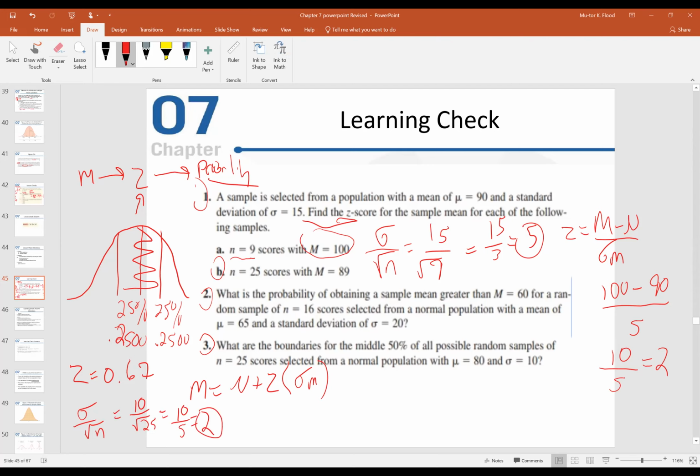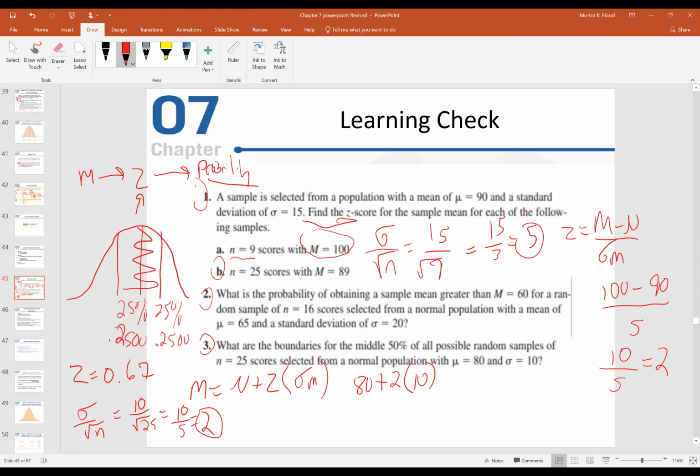So our standard error of the mean is 2. Now let's plug everything into our sample mean equation. In fact, we're trying to find the boundary, so there's two scores that we're going to get. The first one is going to be the population mean of 80 plus the z-score of 2 times the standard deviation of 10.